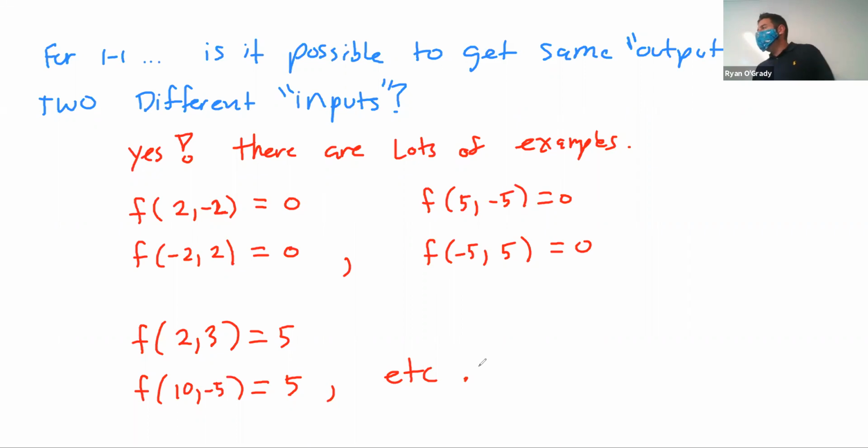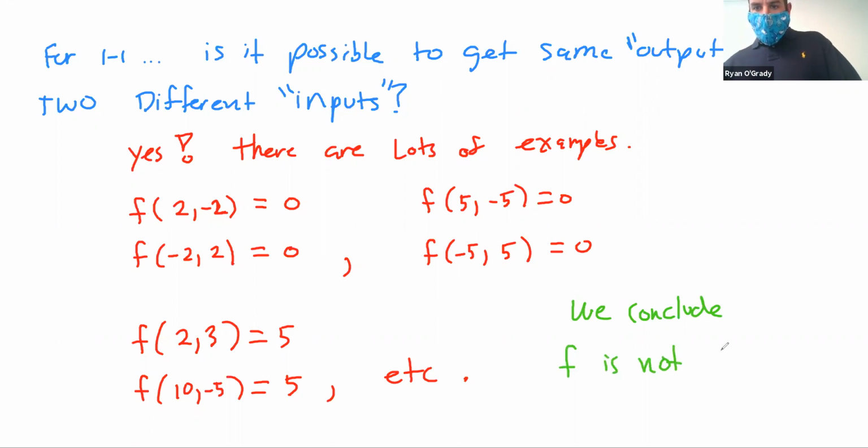And so that means, and really, we only needed one. We only need one example to contradict the definition. So we conclude f is not one-to-one.